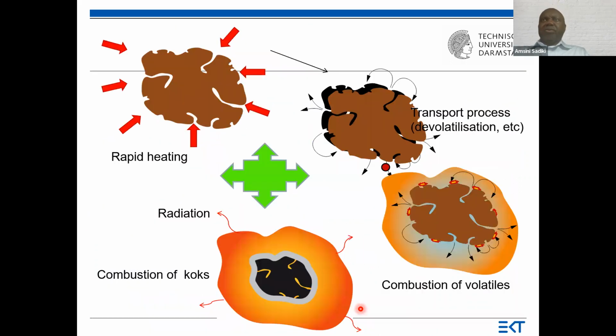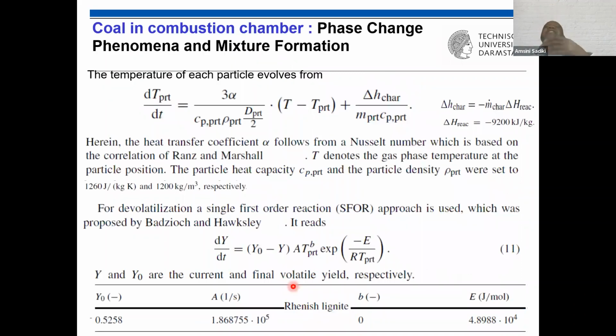So for that, we need models to describe all these processes. We need the devolatilization model, combustion for the volatiles, combustion of the char, and then experimental data to compare our results with. First, we transport the particle using the Lagrangian framework, and we have different processes: the devolatilization and combustion.